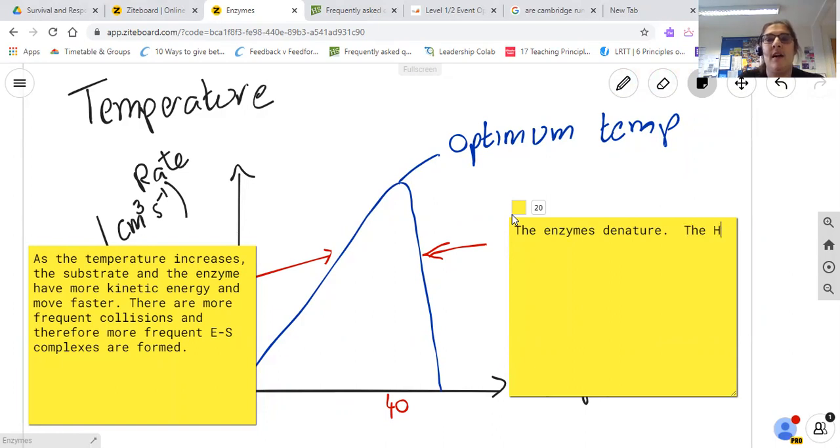We say that the hydrogen and ionic bonds break, and therefore the tertiary structure and active site change.